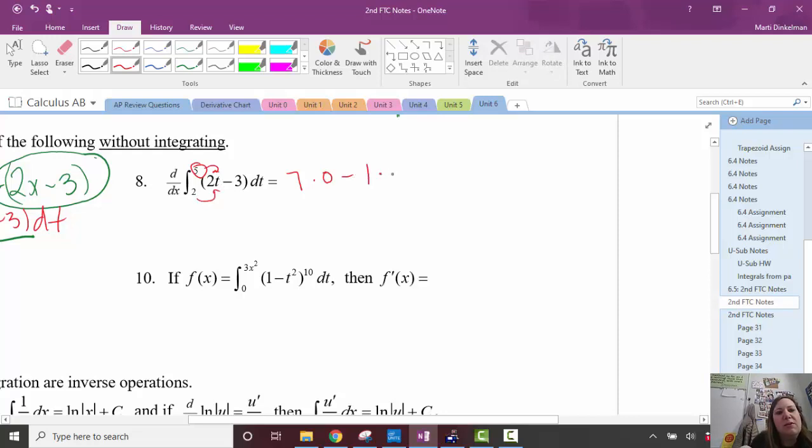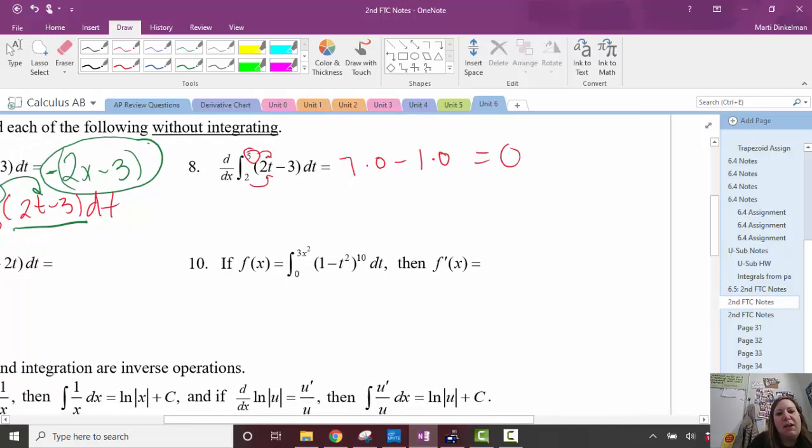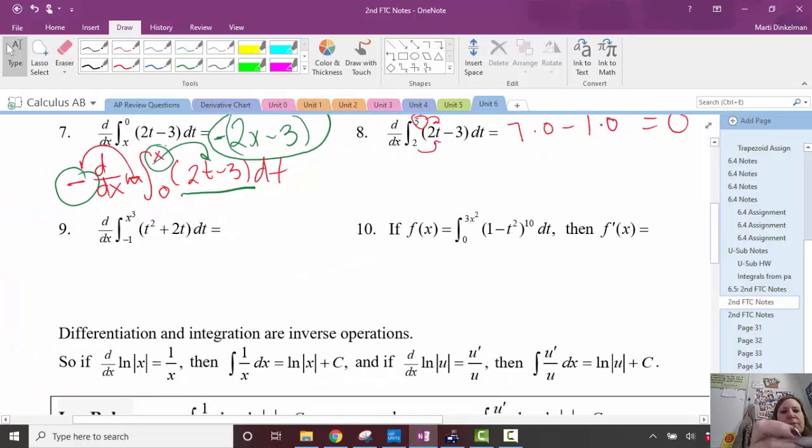And you might have known that to begin with just because of the plugging in part. So my preference on these, so number 9, again, plug the x cubed into there. So it's going to be x cubed squared plus 2x cubed. Okay, all of that times the derivative of x cubed.